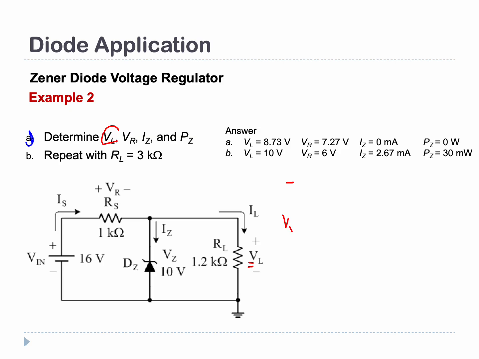Okay, VL is equal to 16, which is your V in, I hope you can see that this is 16 over RS, which is over RL 1.2K, 1.2K, over 1K plus 1.2K. Okay, so this is 2, yeah, 2.2k.